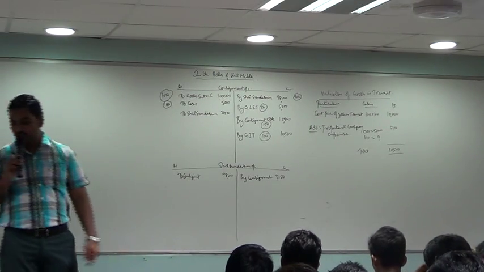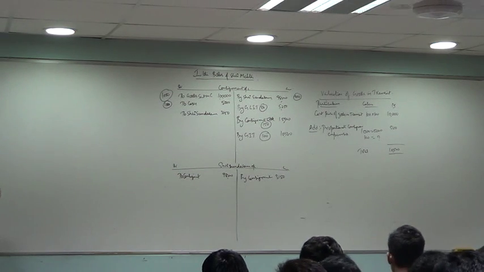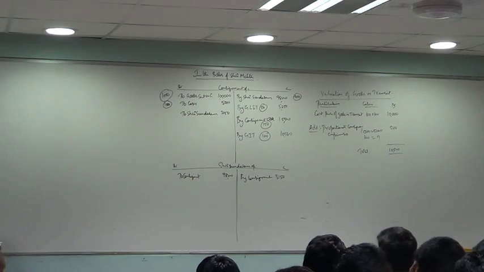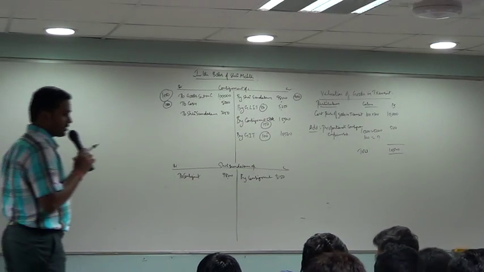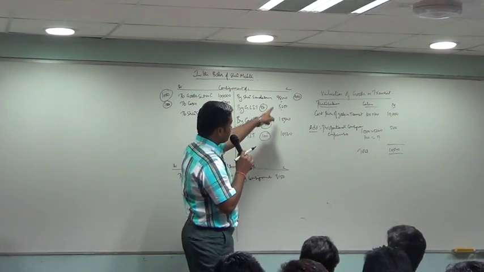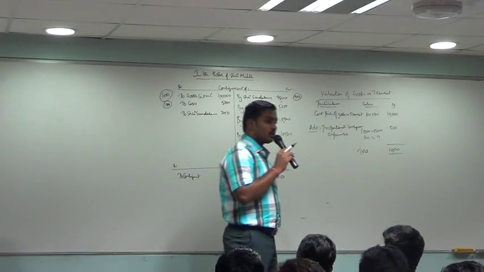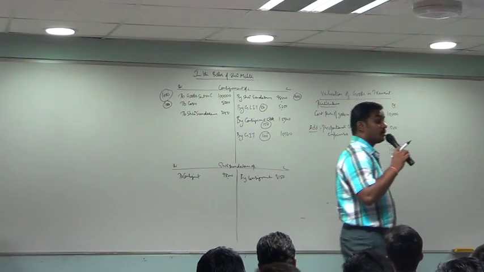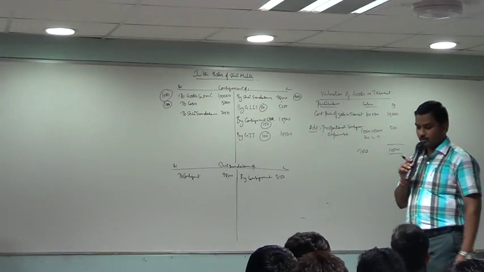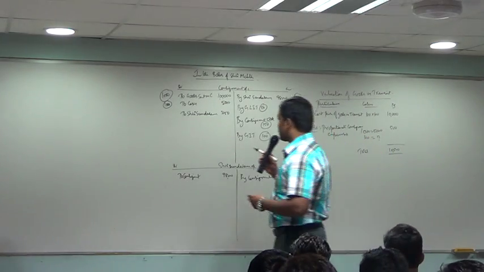Now see what commission Mr. Sundaram is entitled to. Sri Sundaram is entitled to a commission of 10% on gross sales. Gross sales is how much? 98,000. 98,000 into 10%, how much do you get? 9,800 rupees is the commission he is entitled to.